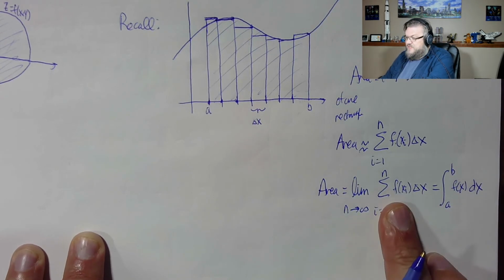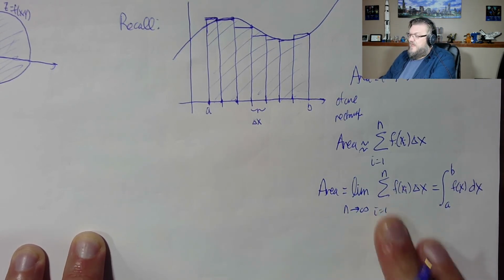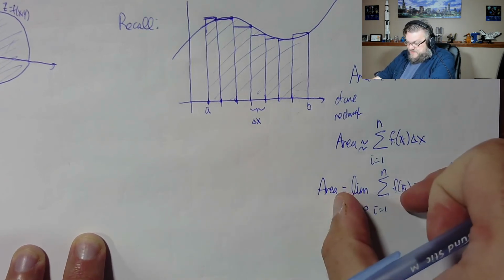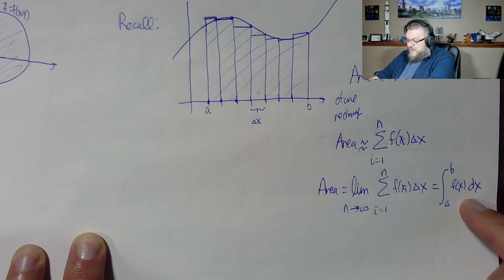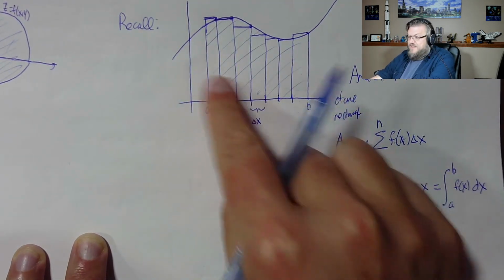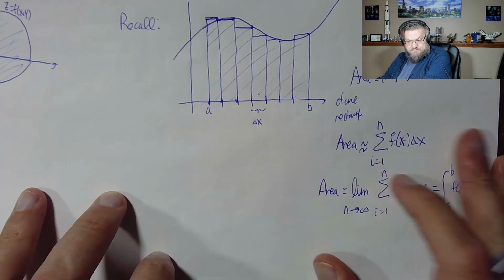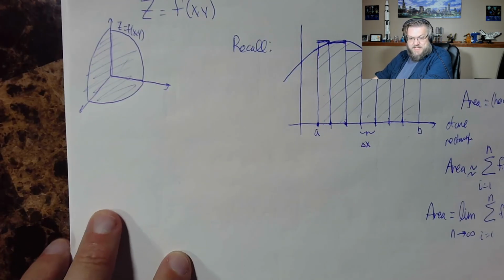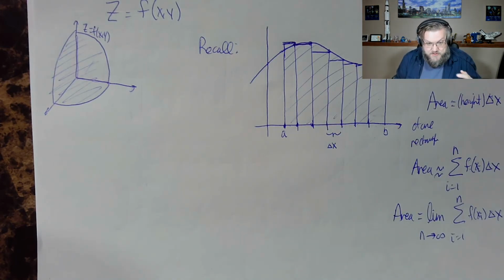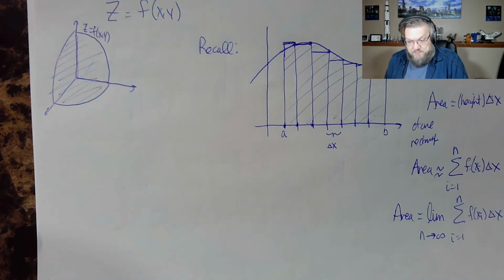It was the sum of function values times delta x, and then push a limit as n goes to infinity. If this number exists, and if f is a positive function, then this number represents the area under the curve. Okay, I want to take the same spirit, same idea, and now do this with a 3D surface.